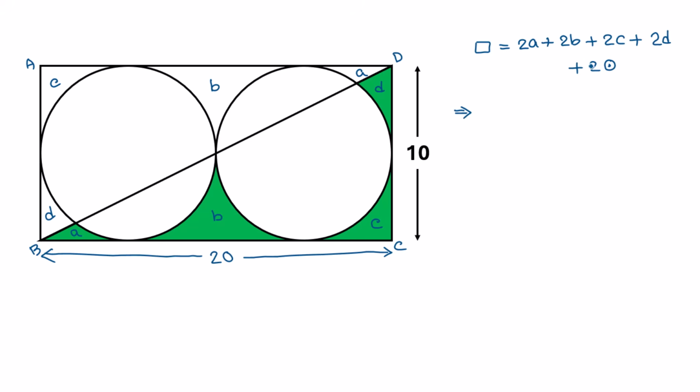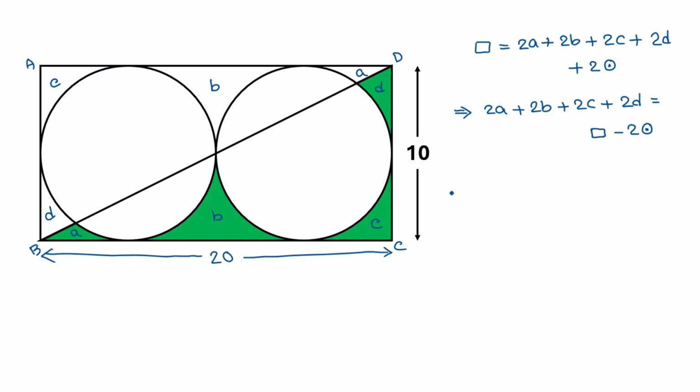Now taking this area of two circles to left side, we will get this area. So twice A plus twice B plus twice C plus twice D will be the area of this rectangle minus this 2 times area of circle.